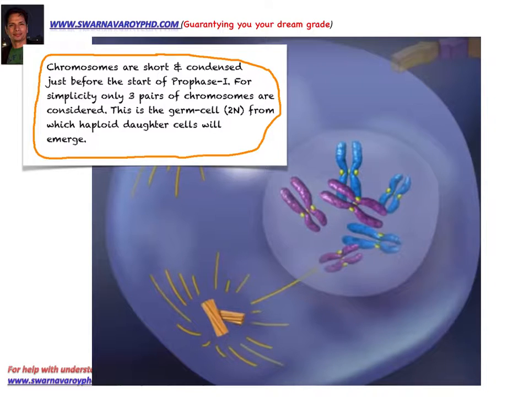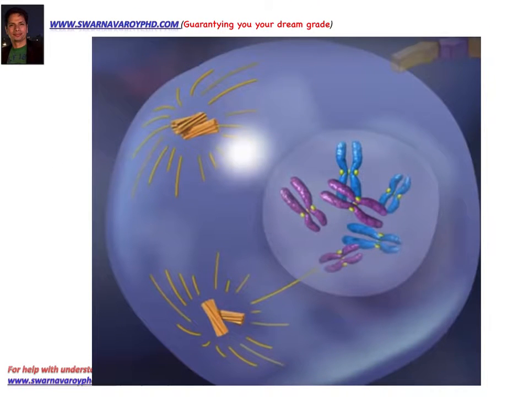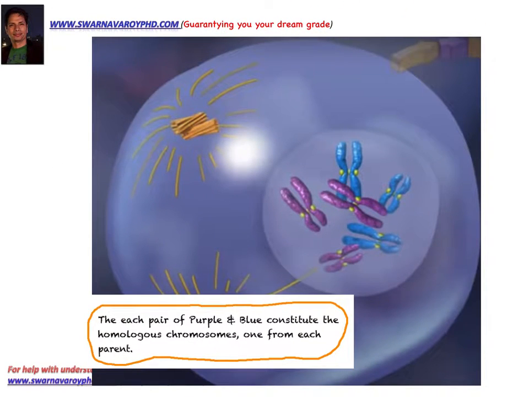For simplicity, as I said, only 3 pairs of chromosomes are considered, and this is the germ cell from which haploid daughter cells will emerge. Now, you can see that each pair of purple and blue constitutes the homologous chromosomes. So you can see those red arrows from the purple to the blue, they are the homologous chromosomes, one from the mother, one from the father.